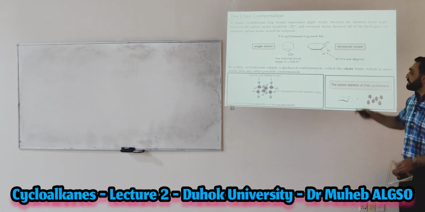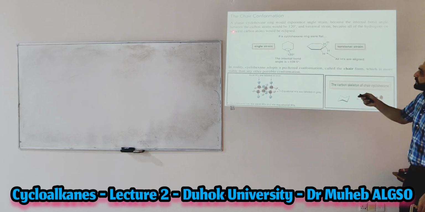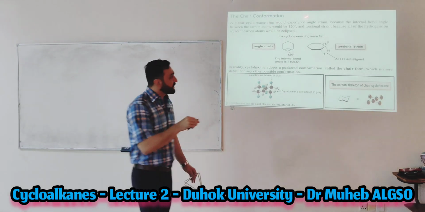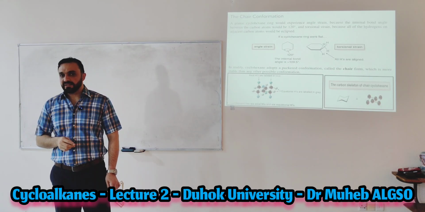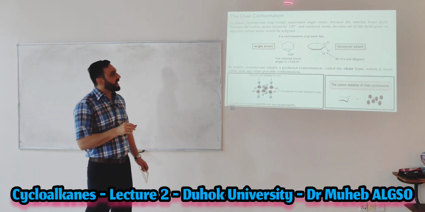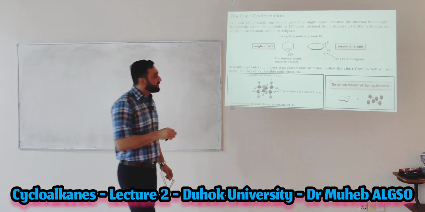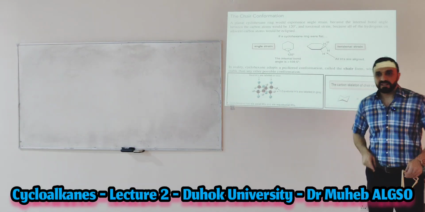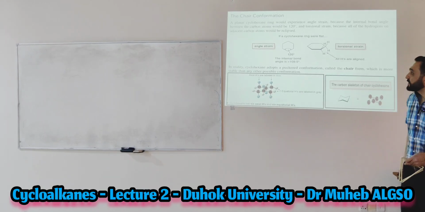That means we have angle strain here because the internal bond angle between the carbon atoms will be 120. And I said to you before that any change in the angle from the tetrahedral figure, 109.5, increase or decrease of this value, will decrease the stability of the compound.